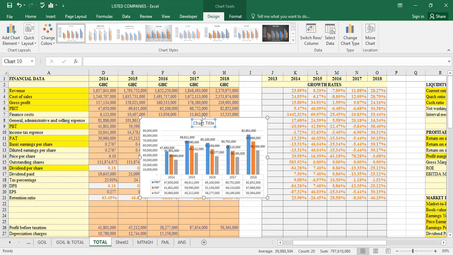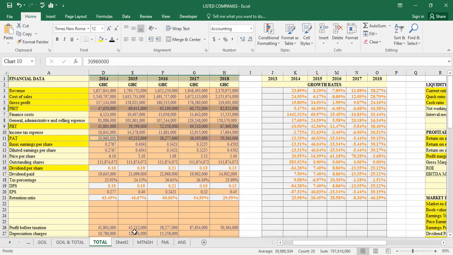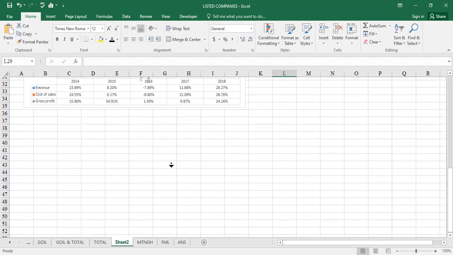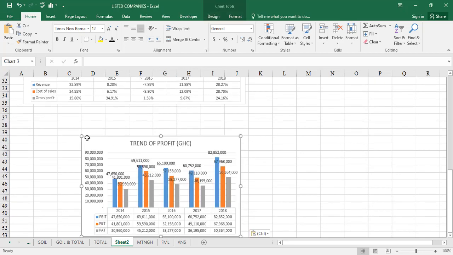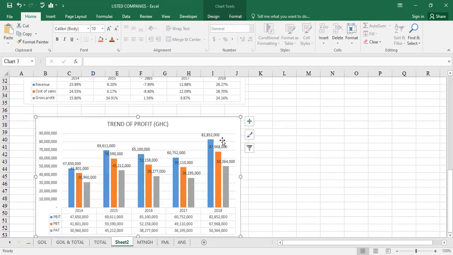Okay, so we will rename it as the trend of profit in Ghana cedis. Okay, so let's cut it to our blank sheet and then do the discussion as well.